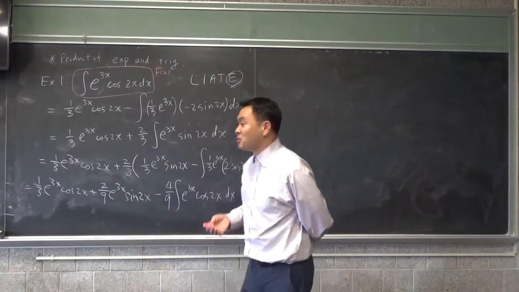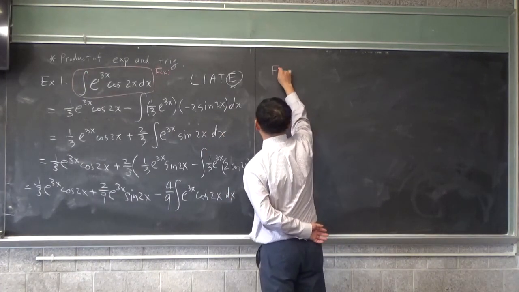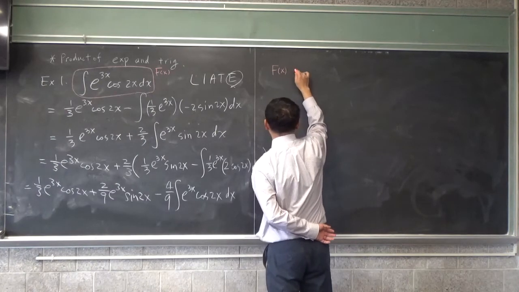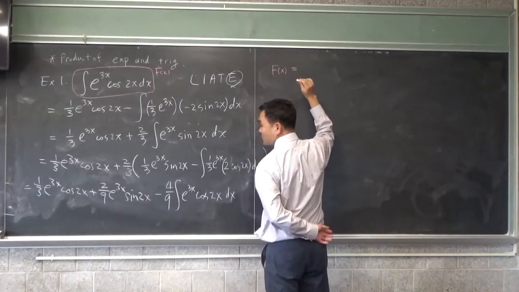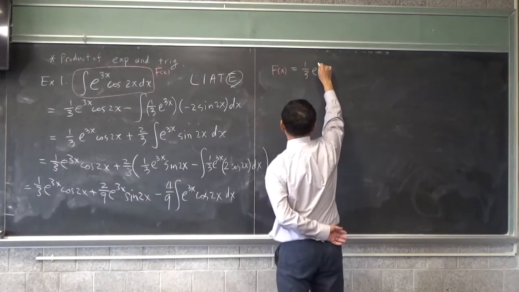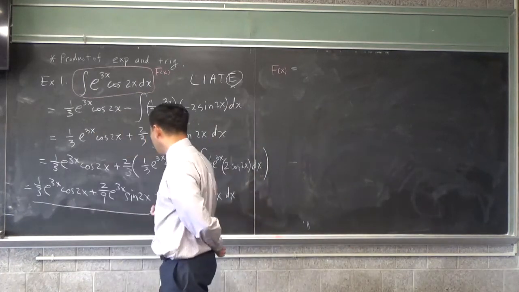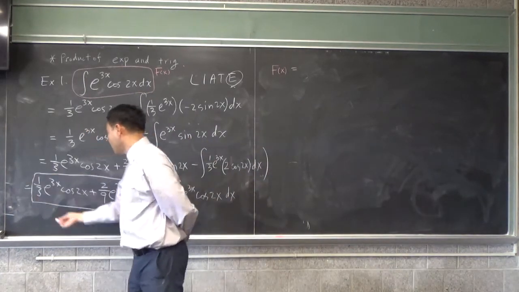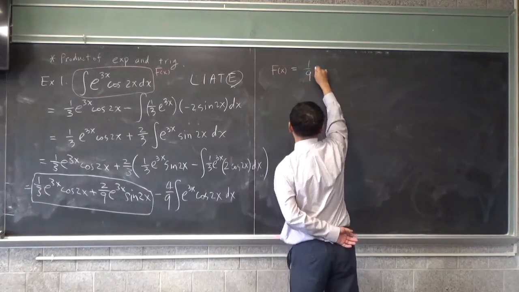Then, once you name it, you understand that what you have in front of you is actually an equation for this function. Right? 1/3 e to the 3x. Oh, by the way, let's simplify this by factoring out 1/9 of e to the 3x.